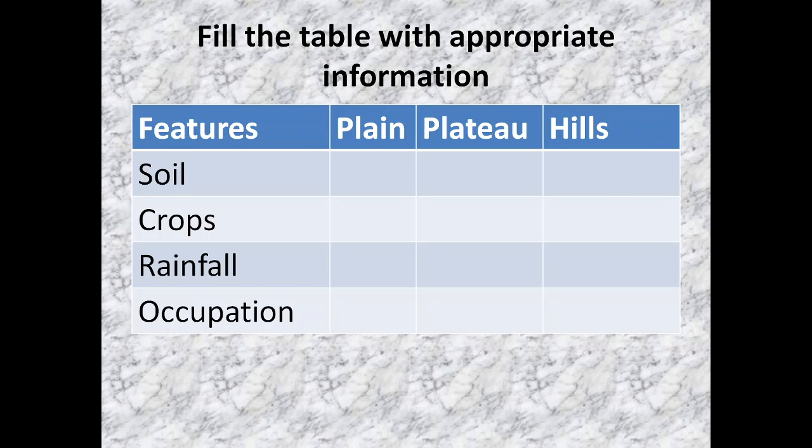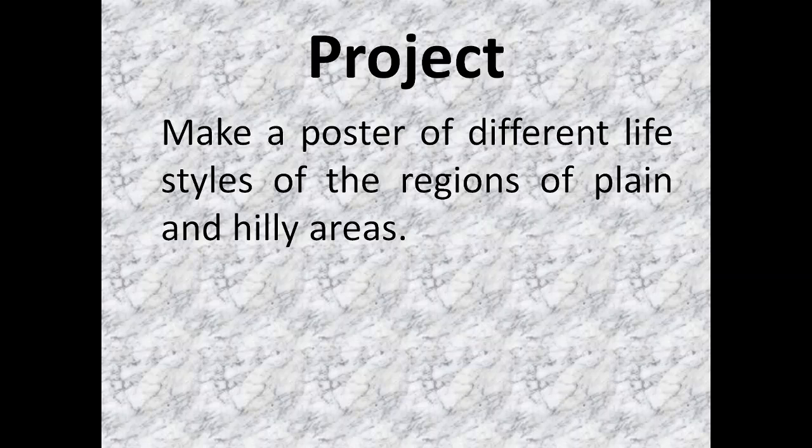And then we can also give a project like making a poster of pictures depicting the different lifestyles of the regions of plain and hilly areas of Andhra Pradesh. Like the people who live in Araku or in Nallamala forest, and similarly in plain areas like the coastal districts. So this will be the project for the children to gain more understanding about the landforms of Andhra Pradesh.